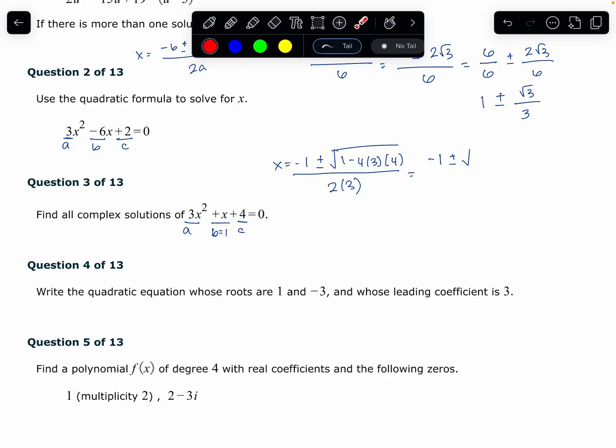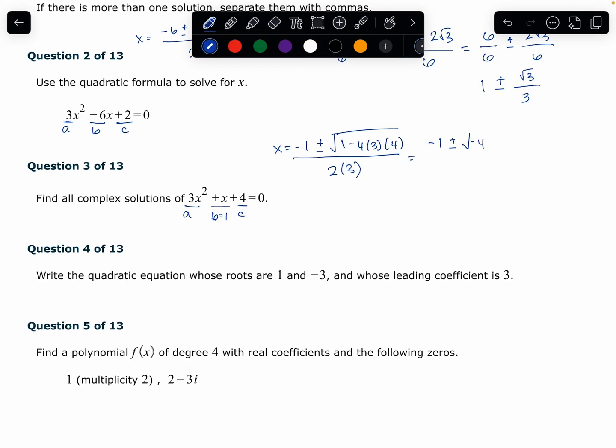So 1 minus 4 times 3 times 4. So -47. Okay, and then this is all divided by 6.